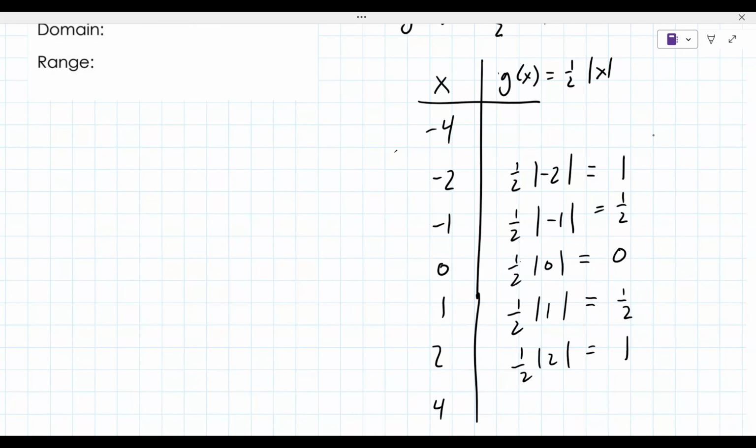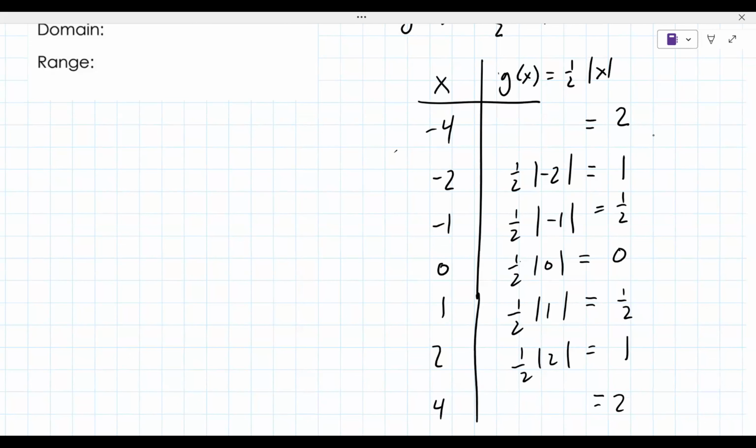Since you're an honor student, this is the kind of thing that they're expecting you to do. So can you give me the output for -4 and 4? For 4, it would be 2. Okay, good. And then for -4, it'd be 2.